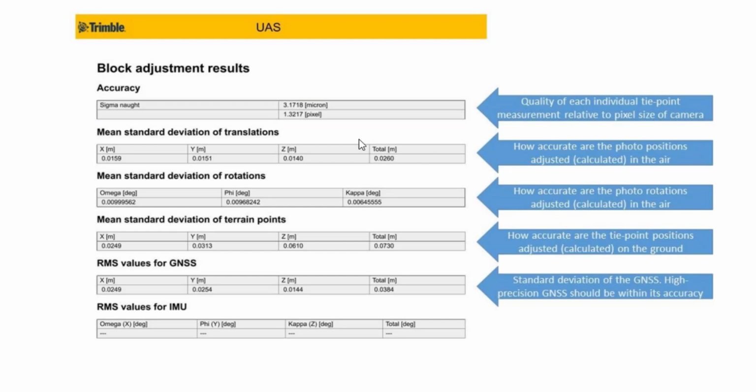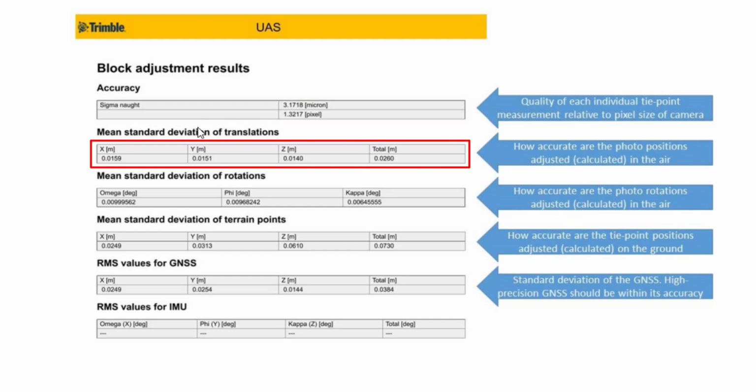Then we have our standard deviations of translation, which is already nicely written. So how accurate are the photo positions adjusted in the air? How well did we establish the positions? In our case, everything is bound to the GNSS, so this value should be nice because everything is referenced to the GNSS.